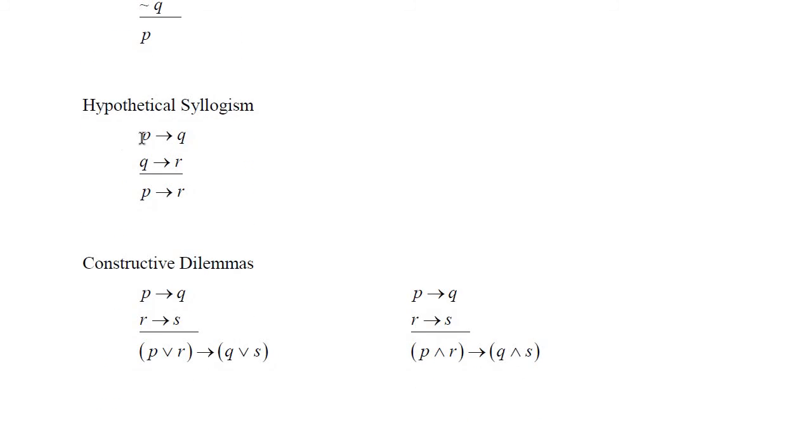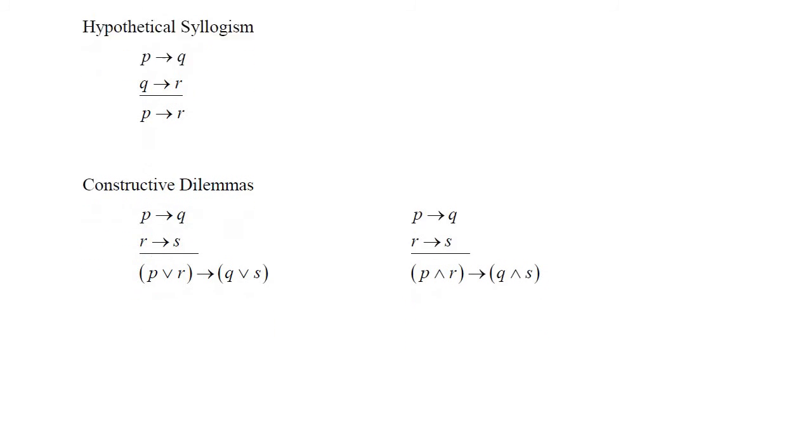Hypothetical syllogism. So if I have if P then Q, if Q then R, so if these two statements exist in the hypotheses, then the statement if P then R is a valid conclusion. Our last rule here is something called constructive dilemmas, and there are two of these.